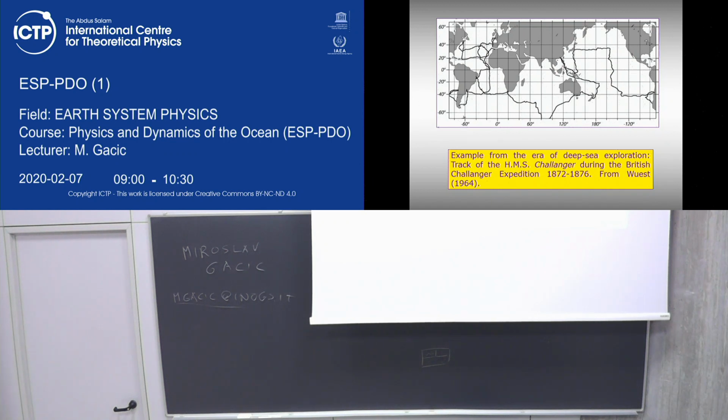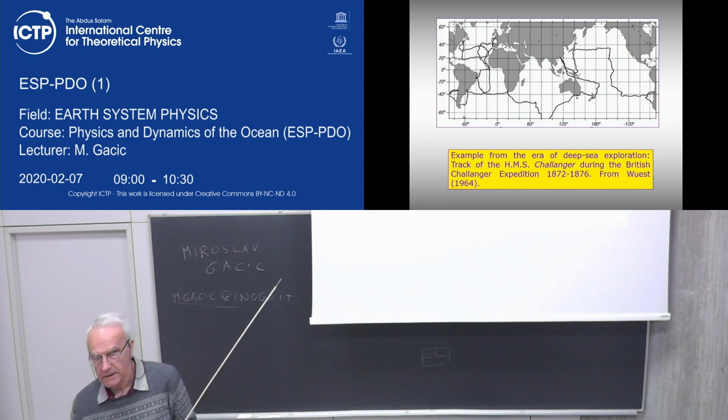The only problem is that these measurements took like 4 years to do. So if you want a synoptic view, an instantaneous view of what is happening in the ocean, this is certainly not instantaneous, because we are talking about 4 years.